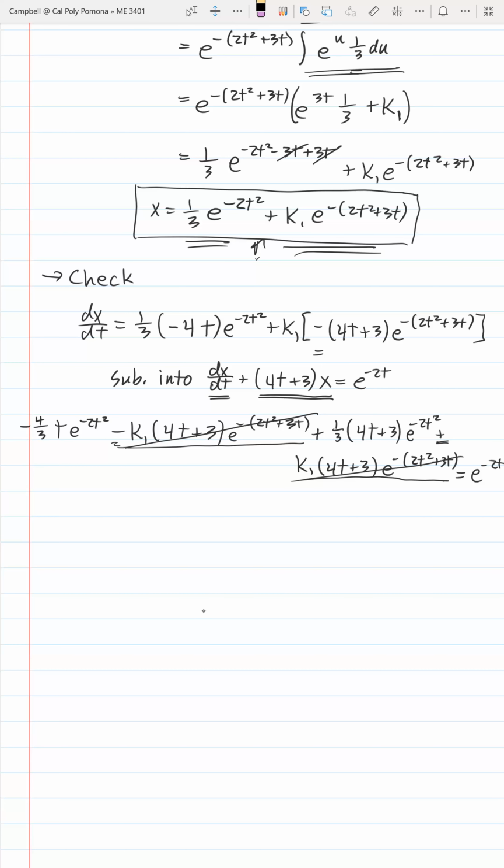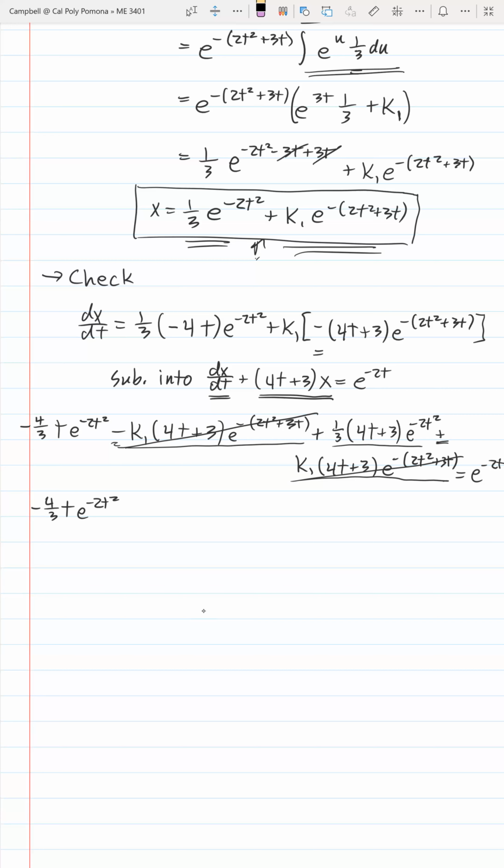So anyway, with that said, what do we have going on now? Well, we have a negative, so we still need to distribute this out a little bit more. So we have a negative 4/3 t, e to the negative 2t squared.